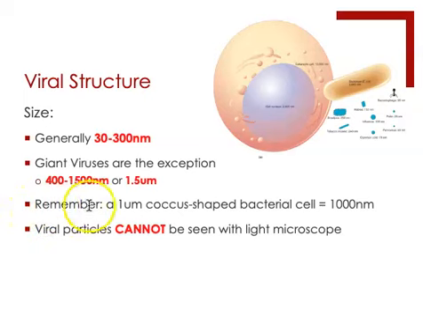So, some of the cocci that we've looked at under the microscope are about 1 micrometer across. So that would be approximately the same size as the largest giant virus. And remember, 1 micrometer is 1,000 nanometers. So most viruses are much smaller than a bacterial cell.